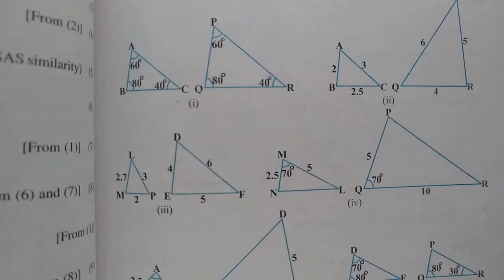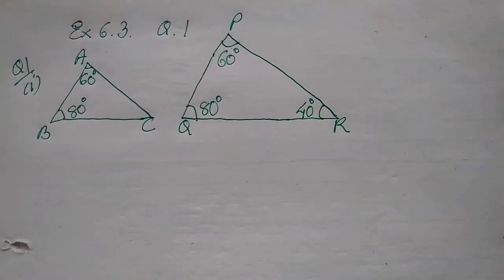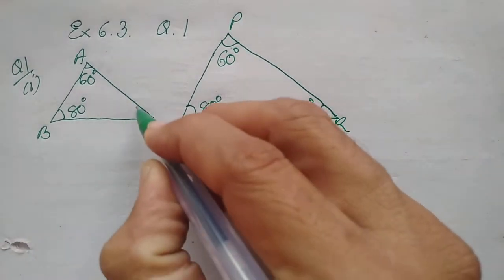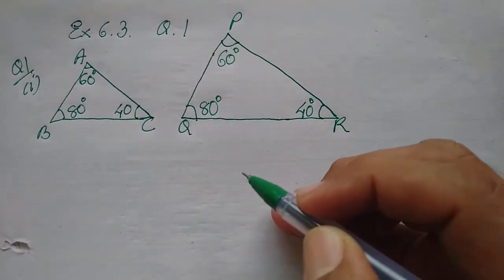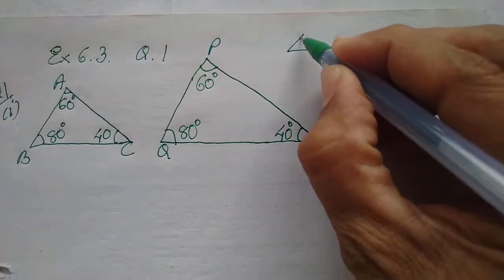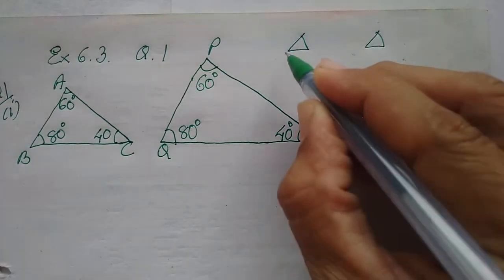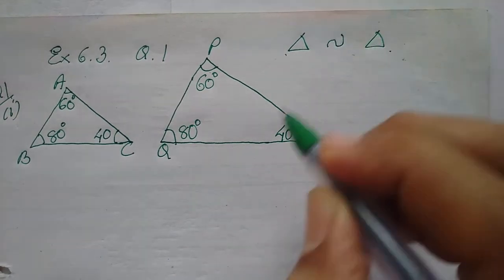Let us take the first one, children. Here is a question. We have two triangles, this triangle and this triangle. We want to prove whether any two given triangles are similar or not.